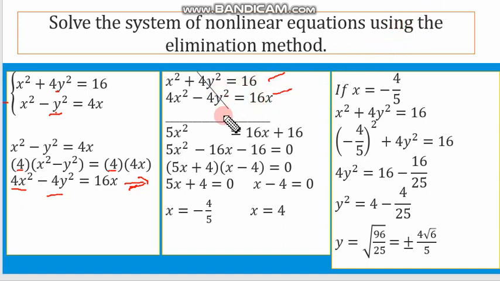Okay, so 4y squared minus 4y squared cancels out, leaving x squared plus 4x squared, which is 5x squared, equals 16x plus 16. So we will arrange this: 5x squared minus 16x minus 16 is equal to 0.